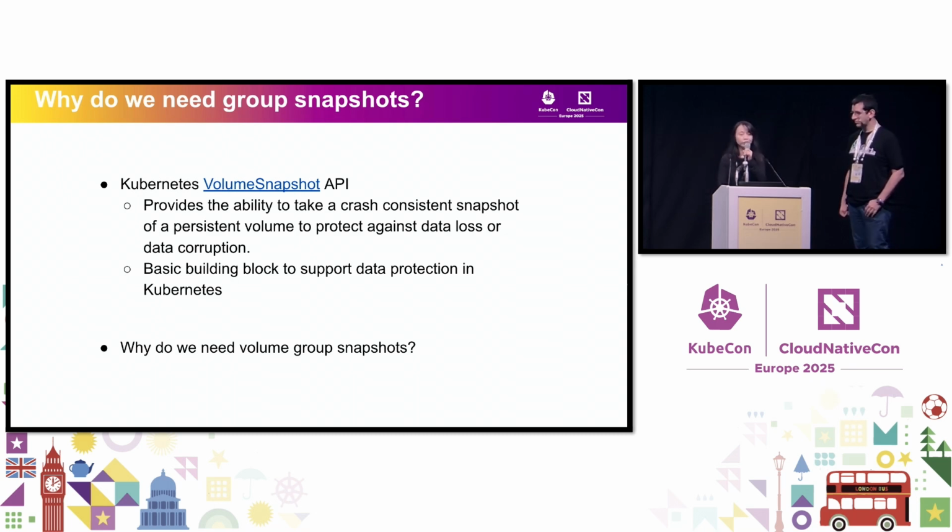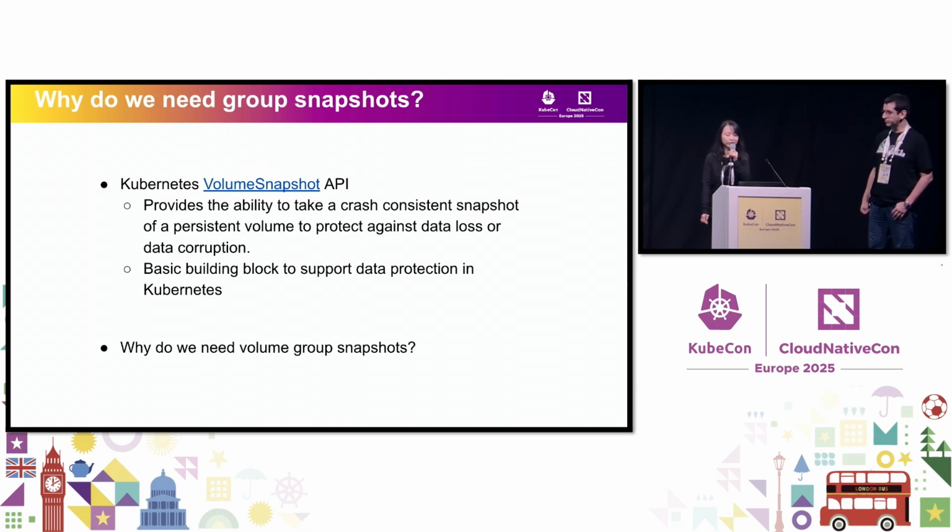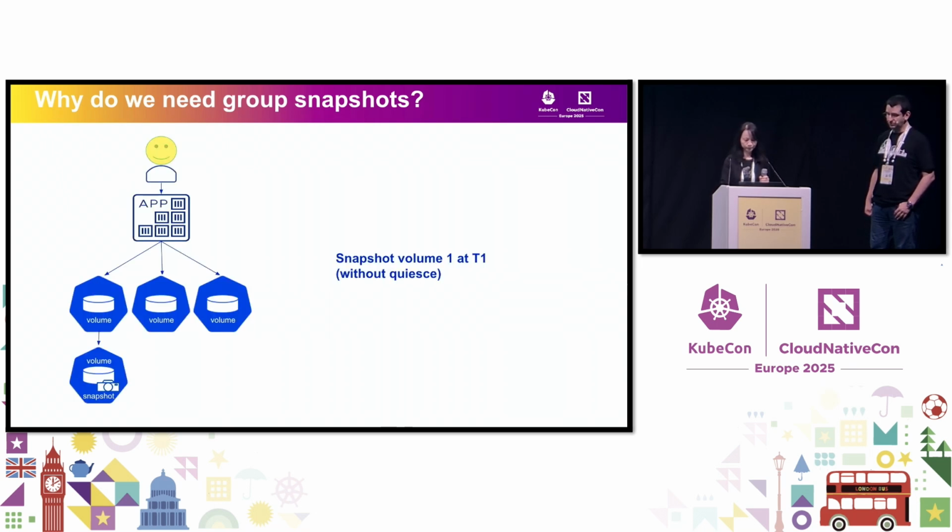We already have a VolumeSnapshot API for individual volumes, so why do we need VolumeGroupSnapshots? Now let's take a look at an example. Suppose you have an application running that uses multiple volumes to store its data, logs, and so on.